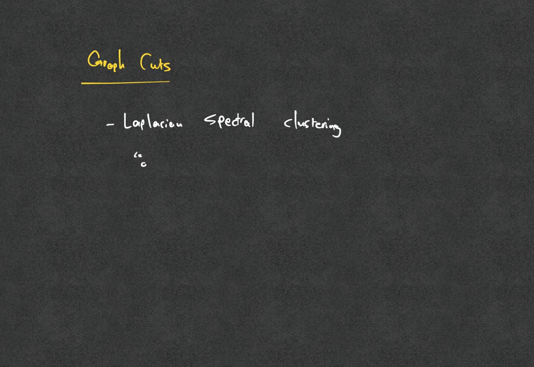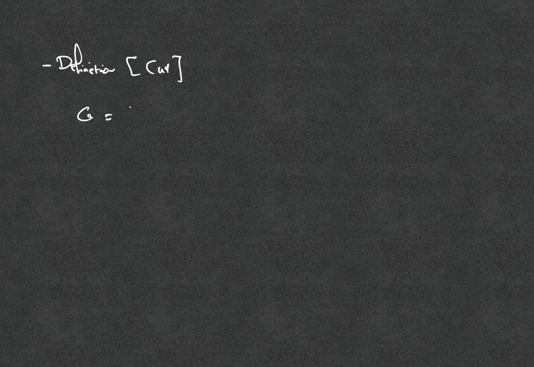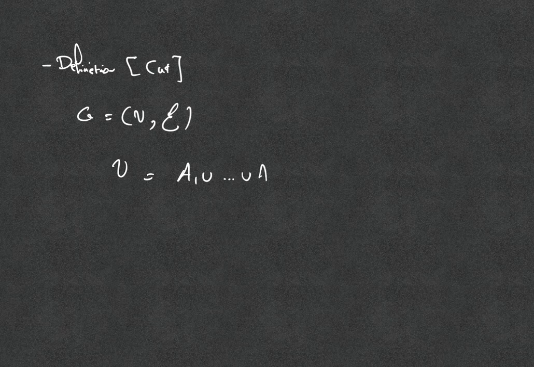And to know that, the first thing we need to do is to talk about something called an optimal cluster. So first, we're going to define something called a cut in the graph. So let's say your graph is this set of nodes and this set of edges, and let's say V can be partitioned into A1 till AK, such that it's a partition, so Ai intersection with Aj when i is not equal to j is empty.